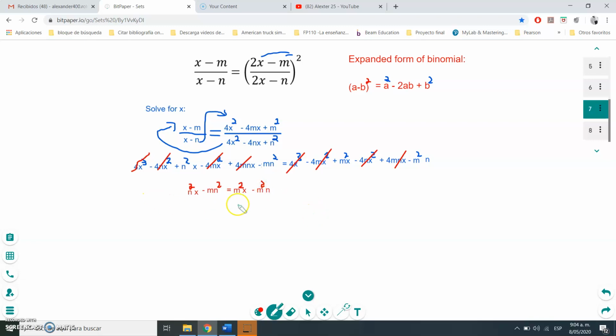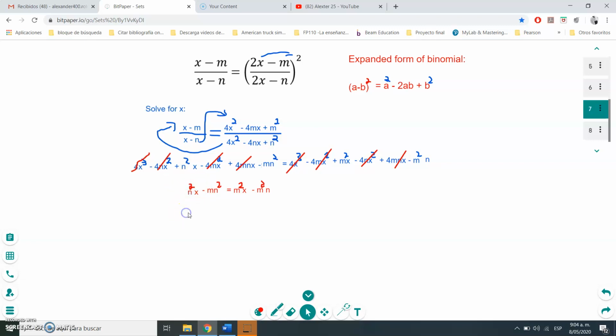Now, what can we do with this term? They are asking first to solve for x. Remember that we have to isolate the variable x. Can we do this? Yes, of course, we can do this. So we are going to isolate the terms that contain the x. In this case it will be this one.